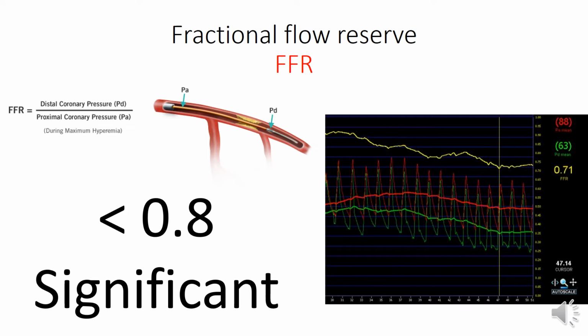So we measure the proximal pressure from the engaged catheter and the distal pressure using a pressure wire, and after elimination of resistance by giving adenosine, this gives us a ratio of the pressure distal and proximal to the lesion. If this number is below 0.8, this is a significant lesion. In this example, it is about 0.71, so it is a significant lesion.